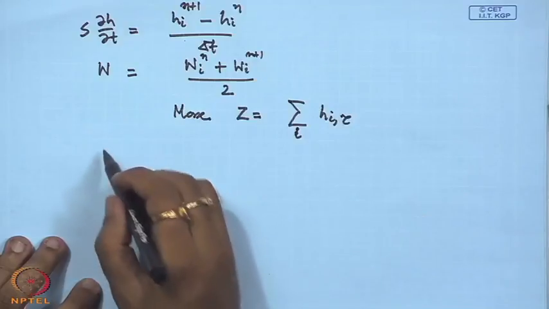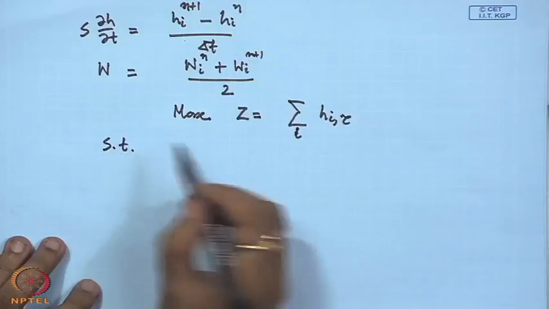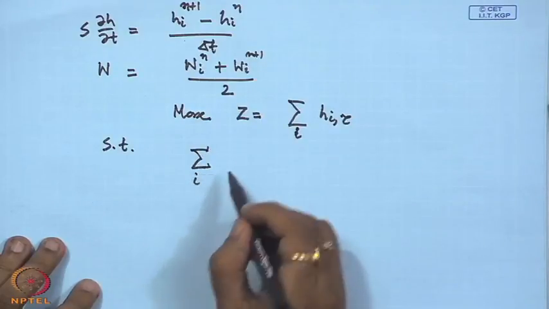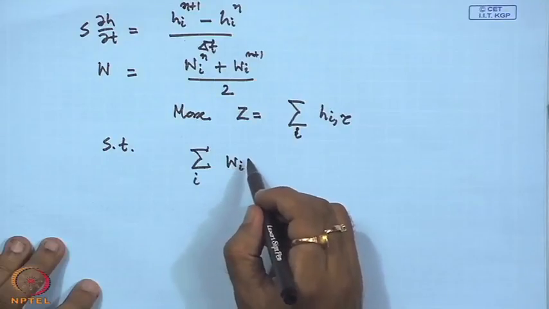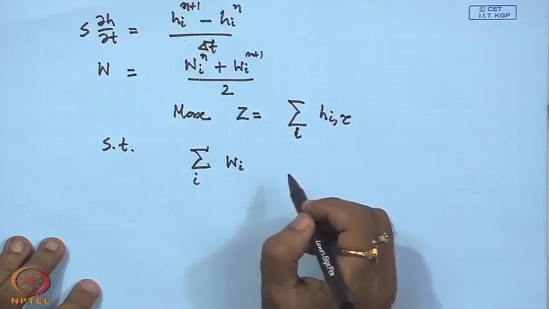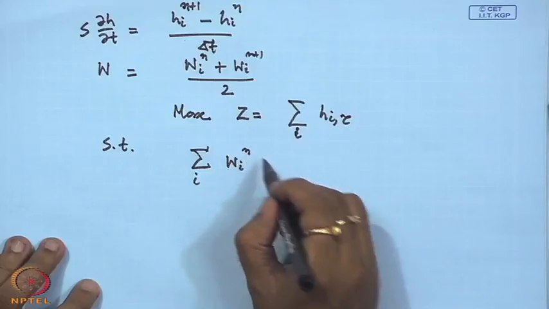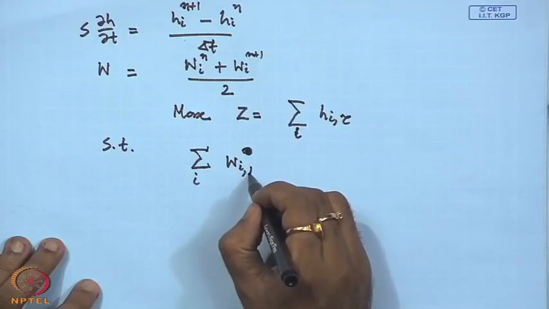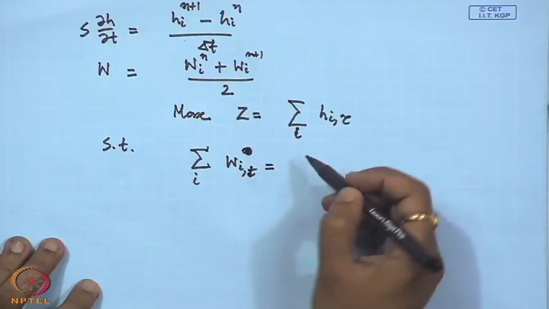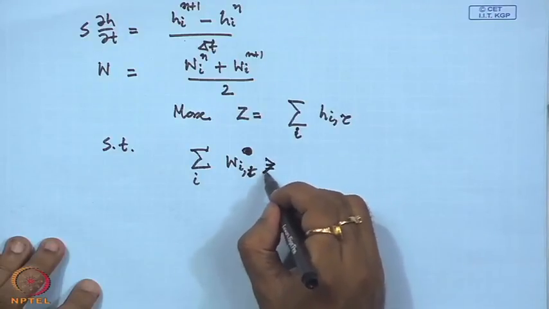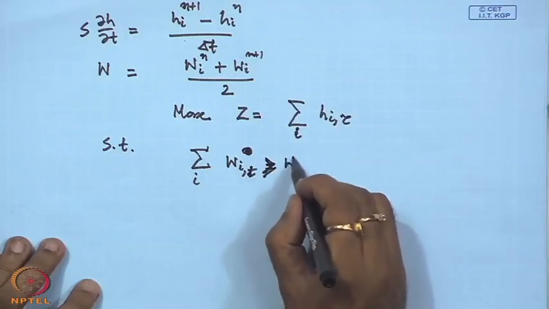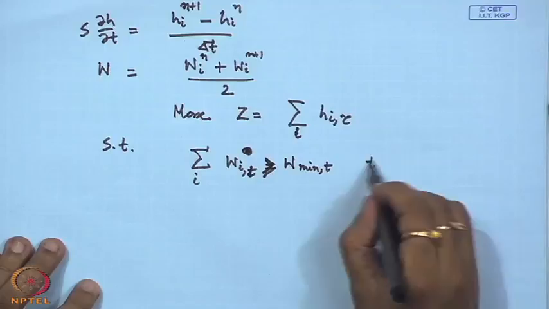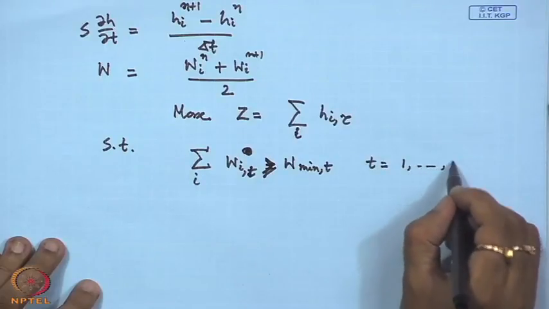Subject to the constraints, we can use W i at time level t, and this is greater than or equal to W minimum at the t level, where t varies from 1 to tau.